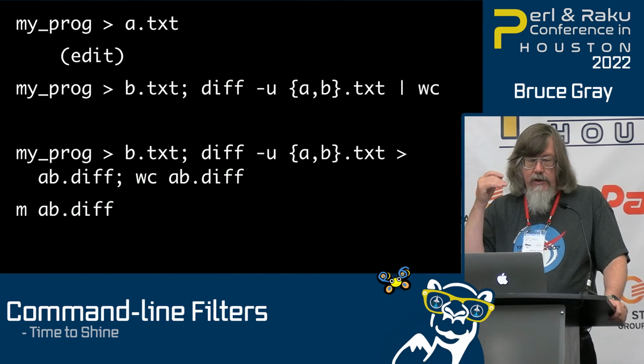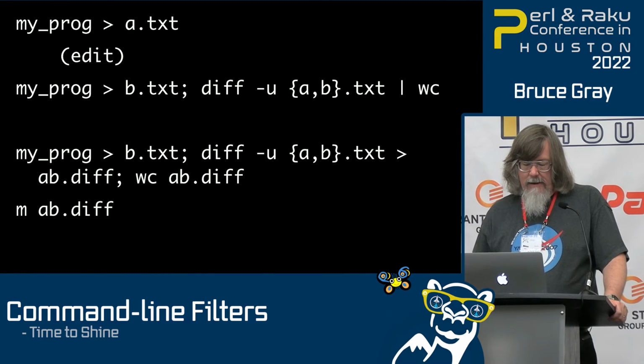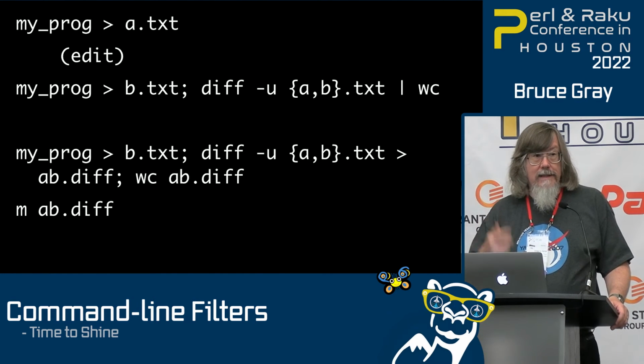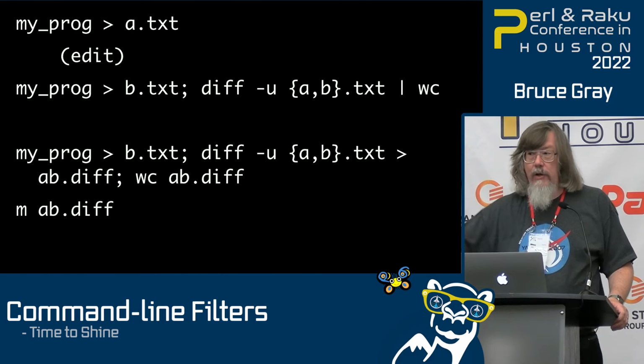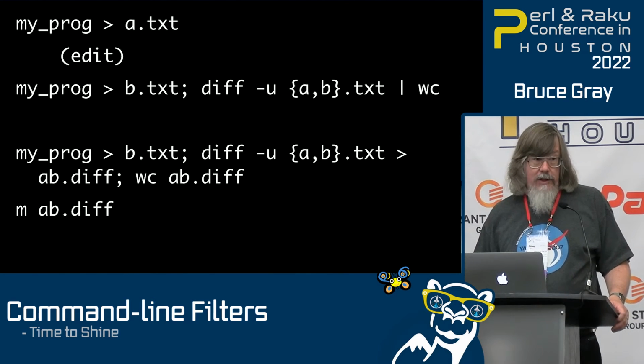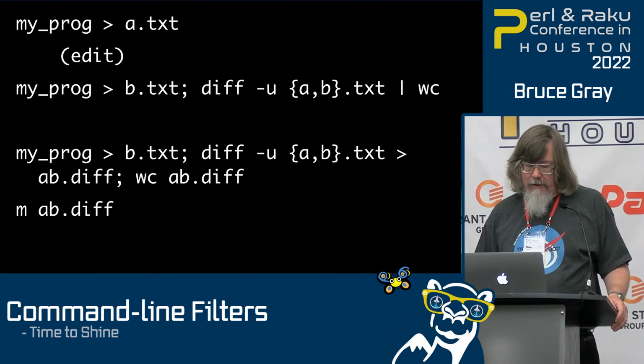So when you make a change that you do expect to change the output, you don't just want to see a line count of the changes. You need to look to see, did it change the way you expected it to change? You need to look at the difference file. And if it didn't change, then you know something was wrong.